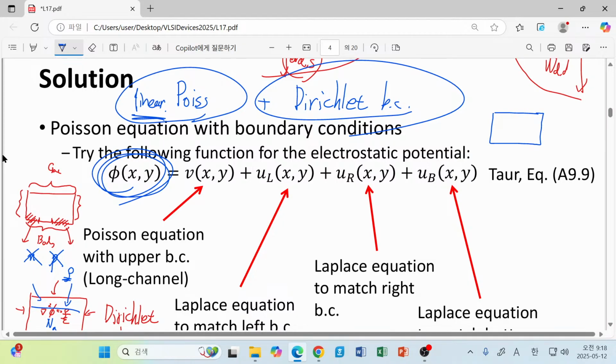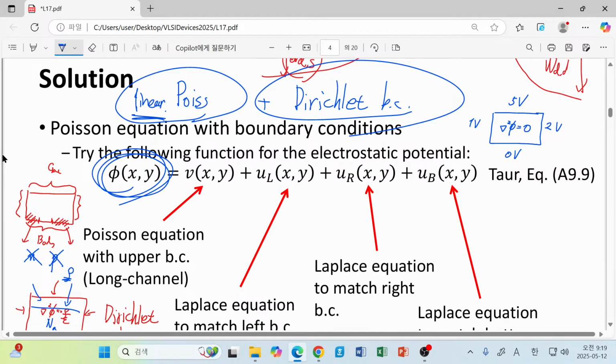Let's say the left side is 1 volt and the right side is 2 volt, the entire bottom is 0 volt, and the top is biased to 5 volt. Now we must solve just a simple Laplace equation. Then how can we solve this problem?